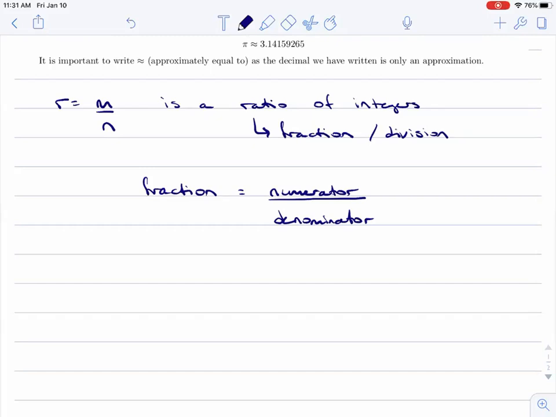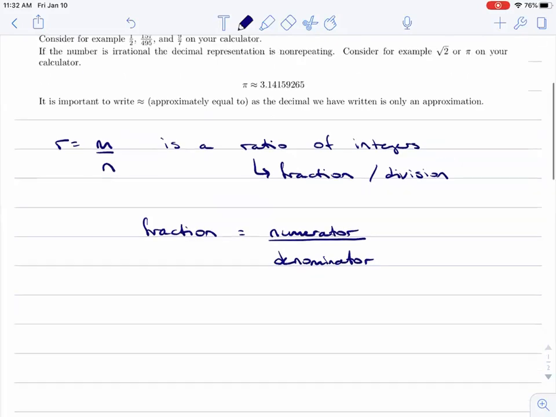How I remember it is, the numerator is on top because it's numero uno. So it's on top of everything else, and everything else is in the denominator. Being fluent with talking about the numerator and the denominator is pretty important in this course.